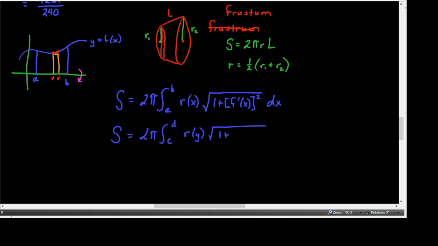And of course, a person could use the Leibniz notation version of these derivatives if they prefer. In fact, that's what I generally do. But these are the formulas for the surface area. And we need to explain that radius function in just a second.